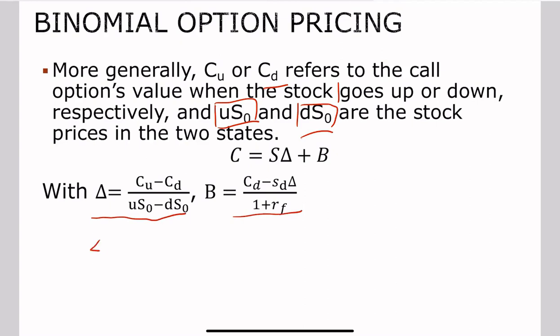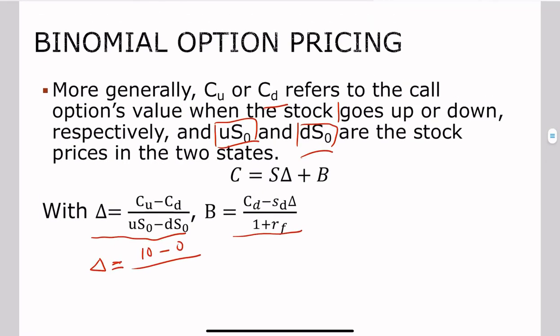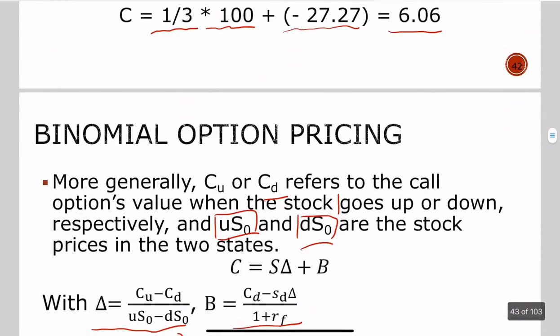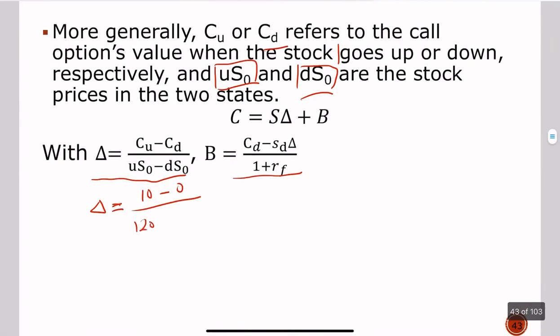For example, we could try to use our example's numbers. So CU is 10, CD is 0, and US0 minus DS0 is 120 minus 90, right? So delta is 1 over 3. And B equals minus DS0 times delta, plus CD, over 1 plus the interest rate, where CD is the call option payoff when the share price is down.